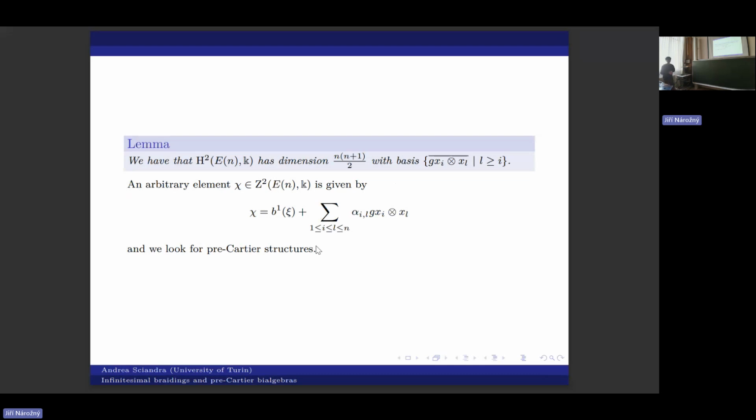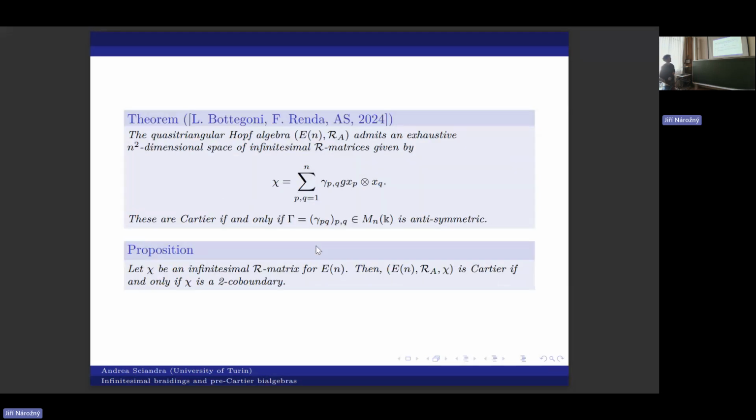And now on this, we impose the pre-Cartier axioms. So this simplifies the computation a lot. We first classify the 2-cocycles, and then on this, we impose the pre-Cartier axioms. And we obtain, in fact, that for the quasi-triangular Hopf algebra En, we have an exhaustive family of infinitesimal R matrices given by this.